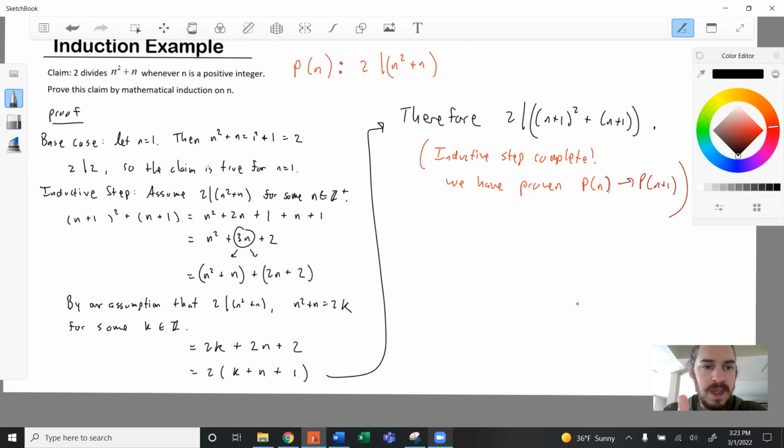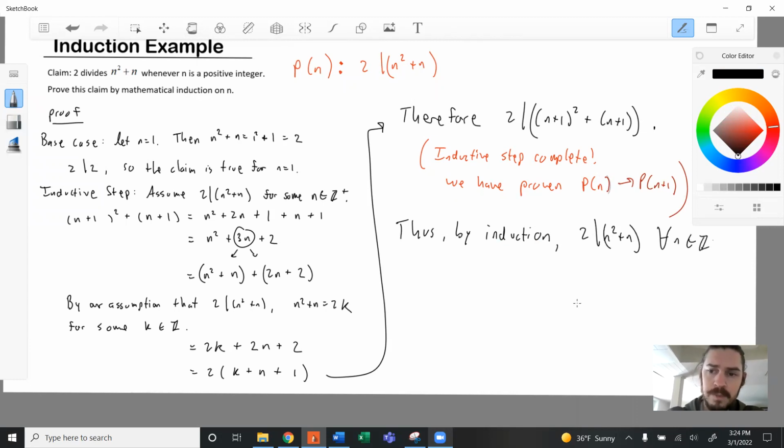So now, since we've shown that P of 1 is true, that 2 divides 1 squared plus 1, and we've shown that if 2 divides n squared plus n, then 2 divides n plus 1 squared plus n plus 1, now we can say, thus by induction, all of the dominoes will fall down, right? Push the first domino in the base case, and we showed in the inductive step that it will go to the next domino, and that will go to the next domino, and so on and so on forever. So now we've shown 2 divides n squared plus n for all positive integers n. That's it.